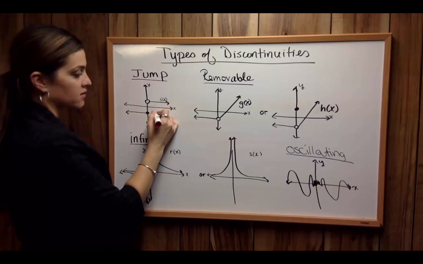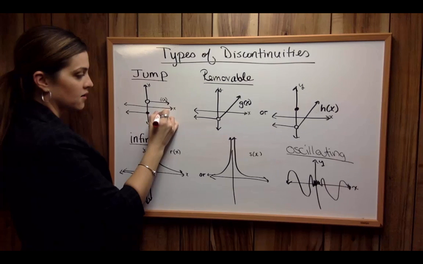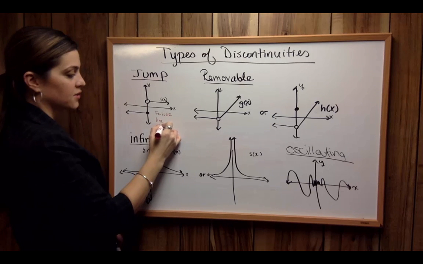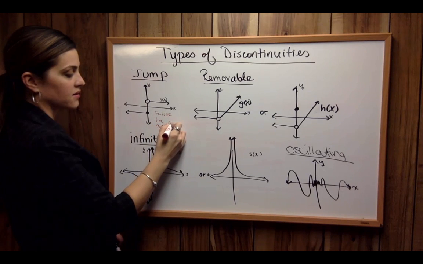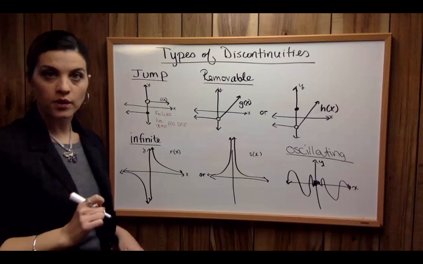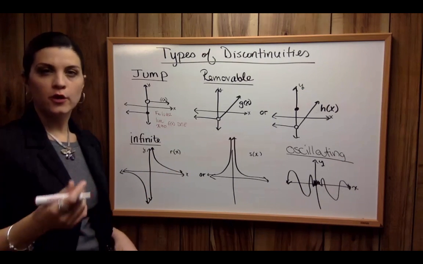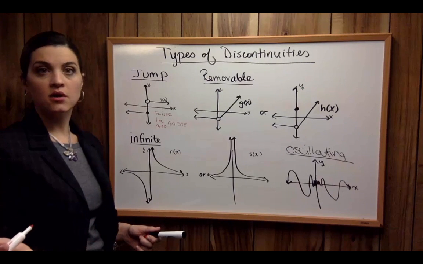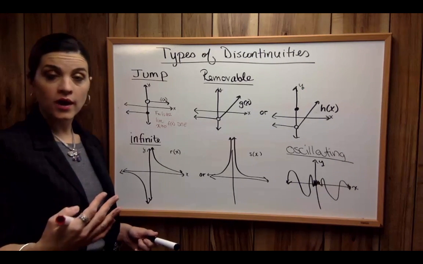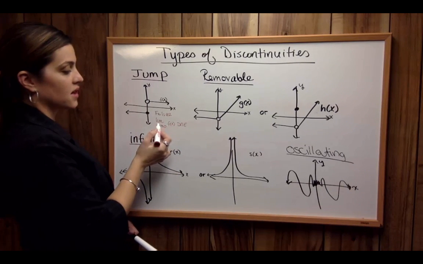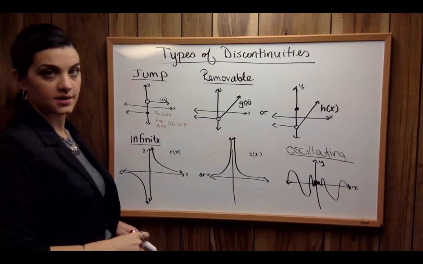So this one fails the second law, because the limit as x approaches 0 of f of x does not exist. And that's very important. So if you're asked a question, is this function continuous at 0, you would say no, and you'd have to justify why. So you'd have to say because it fails, that the limit as x approaches 0 does not exist.